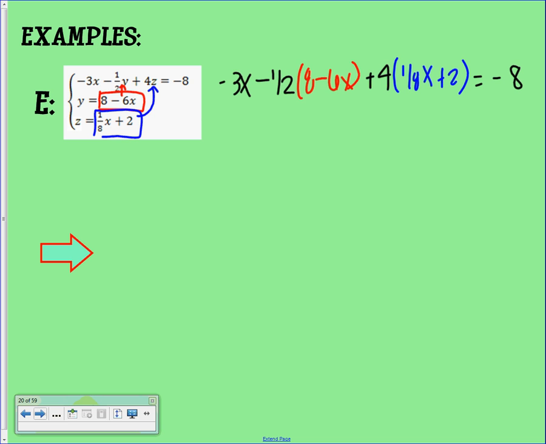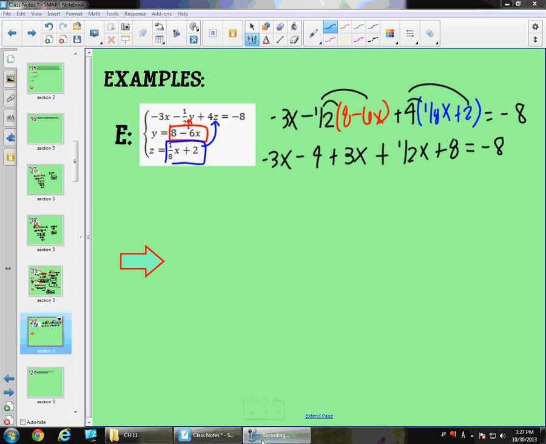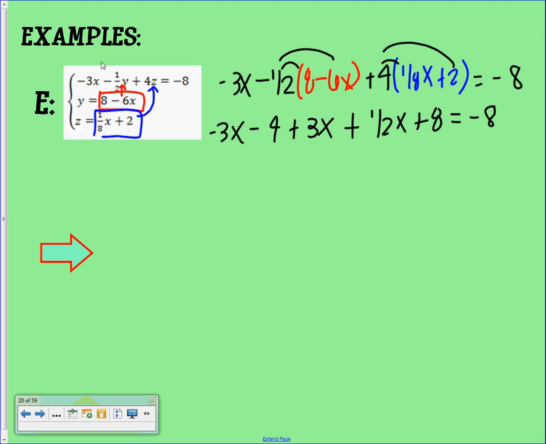So now I can go ahead and simplify by distributing. So I've got negative 3x minus 4 plus 3x. I'll also distribute the second set of parentheses, which will give me 1/2 x plus 8 equals negative 8. So I'll continue simplifying.